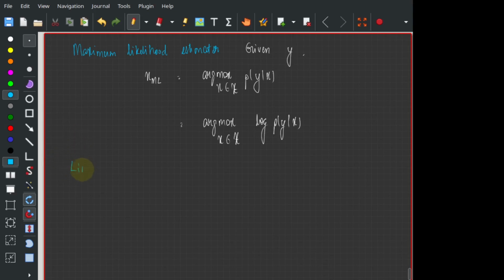Let's look at the problem of estimation from linear measurements. Suppose that there's some vector x that we want to estimate, but our observations are linear perturbations of the true x.